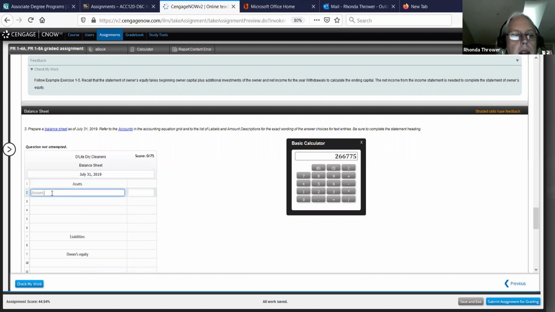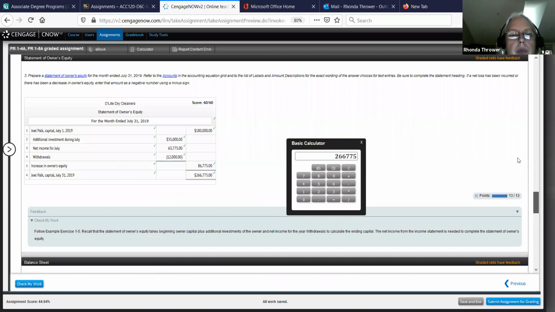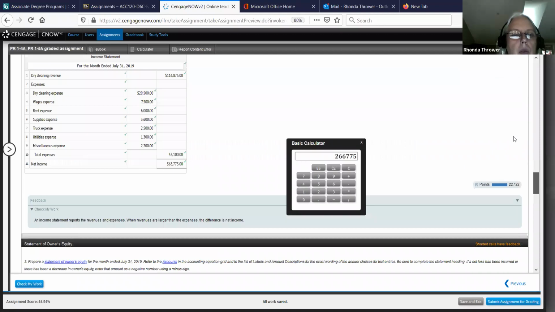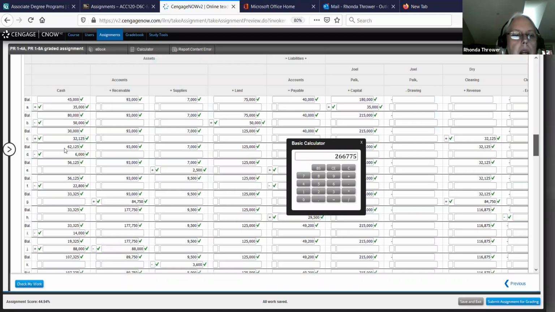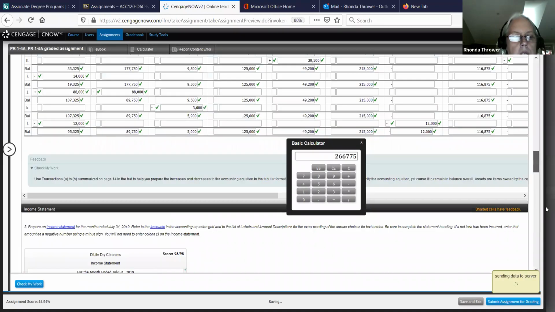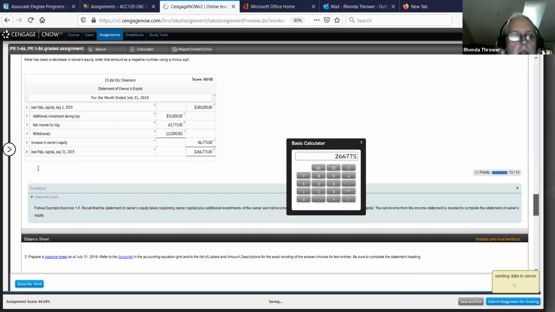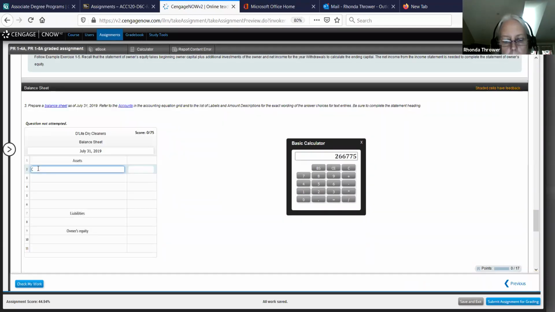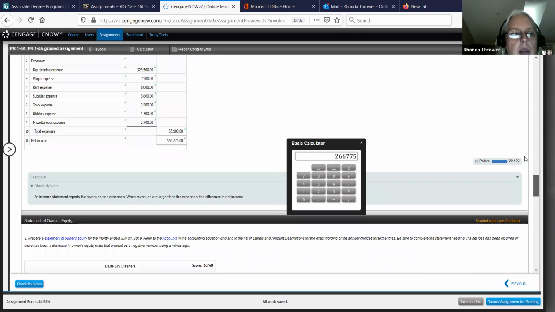Under my assets, I'm going to start with my accounts. My first account on the balance sheet is my cash account. And so I'm going to write down cash. I'm going to key it in. And in the block here that's available, I'm going to put the ending cash balance.